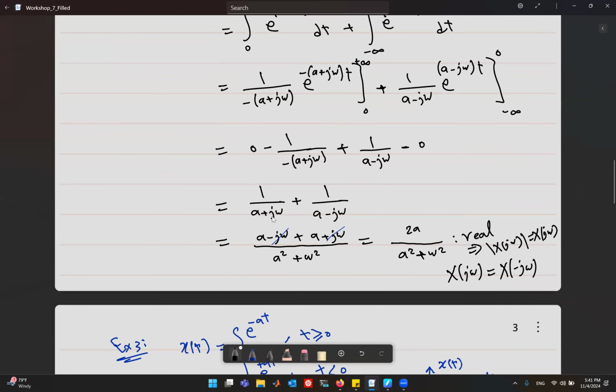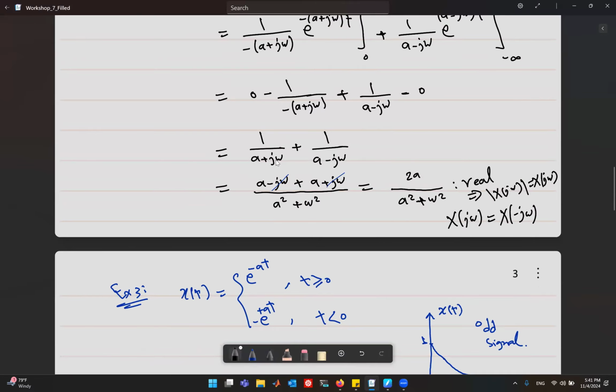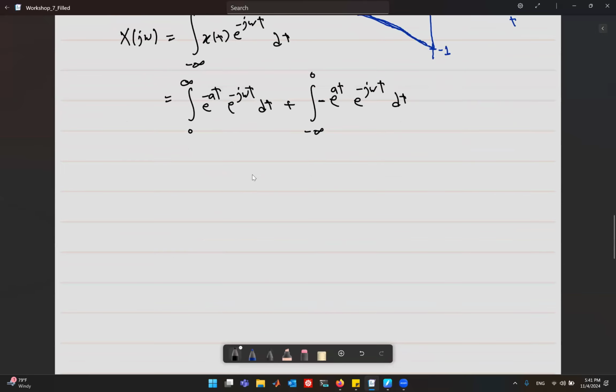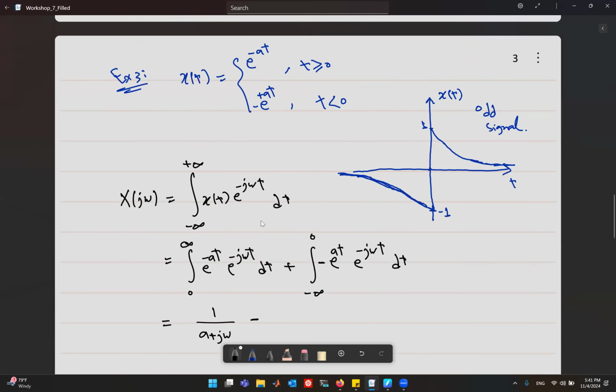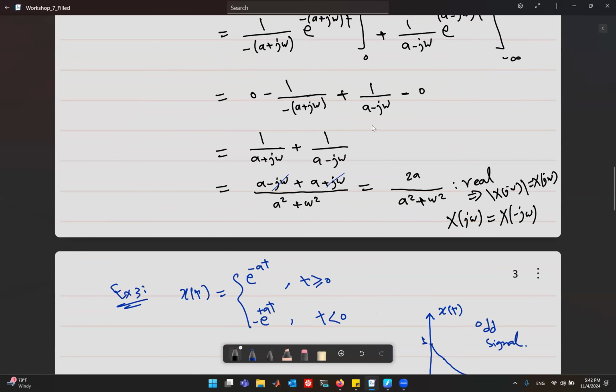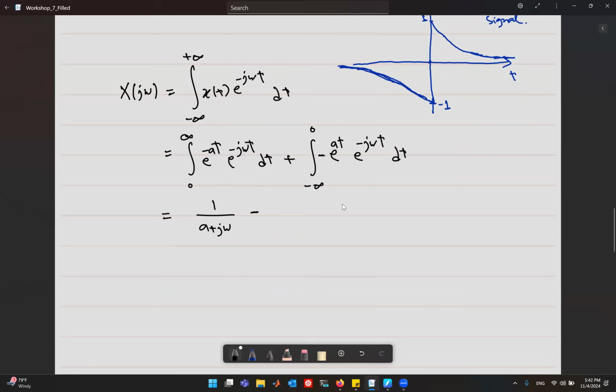So the first term will be 1 divided by a plus j omega. The second term will be also similar to what we had before, 1 divided by a minus j omega, but we have this negative sign here.